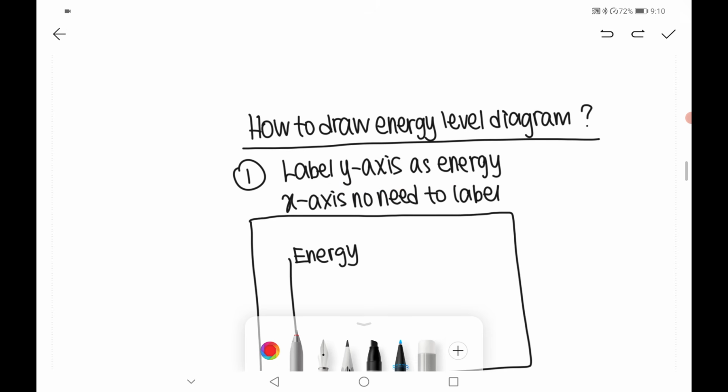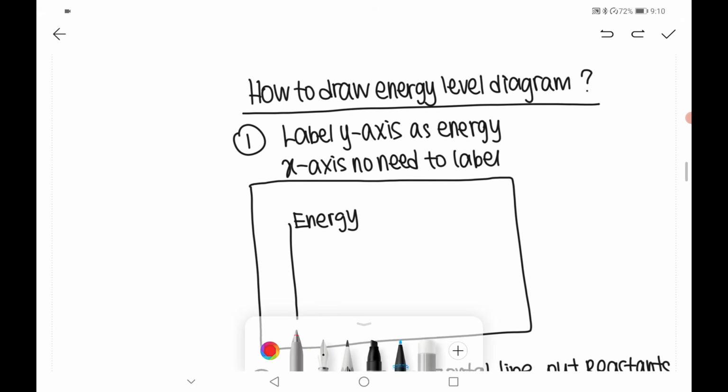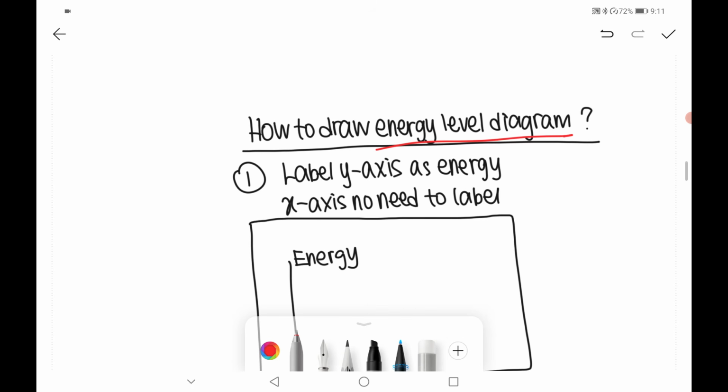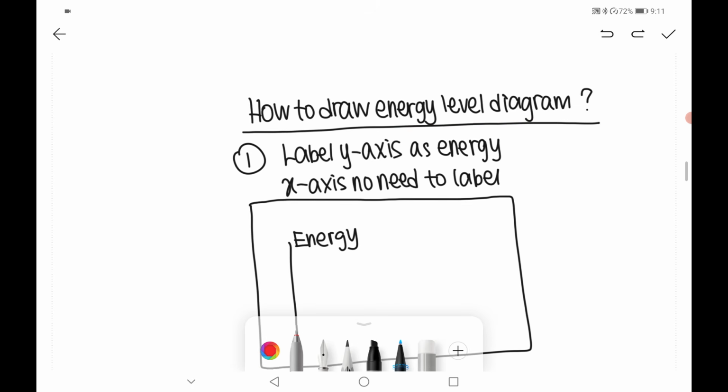The y-axis is energy. That's why we call it an energy level diagram, because we want to study energy.